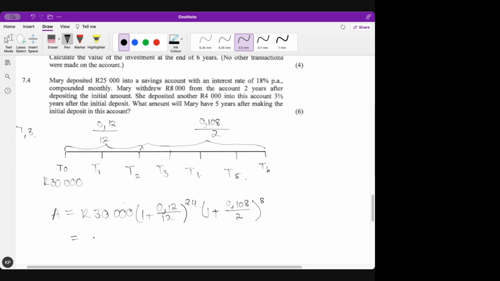30,000, 1 plus 0.12 over 12, to the power of 24.